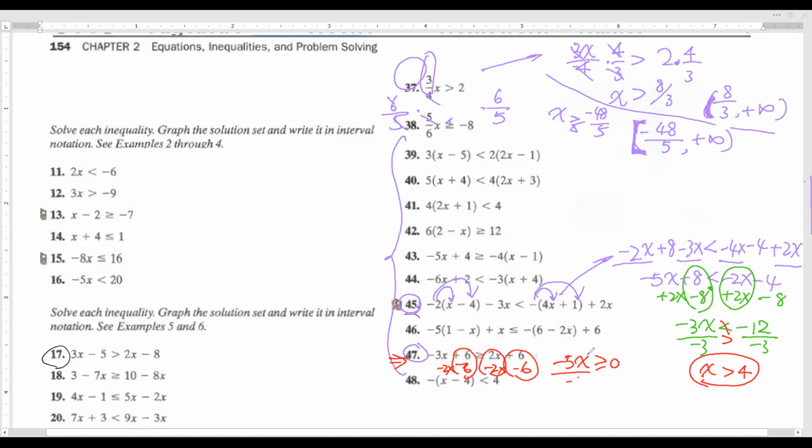Both sides divide by negative 5, and the inequality sign needs to be changed to the opposite. So you can see x is less than or equal to 0. So you need to use negative infinity, left parenthesis, 0. Is your answer the same as what I did? I think so. Good. Okay.